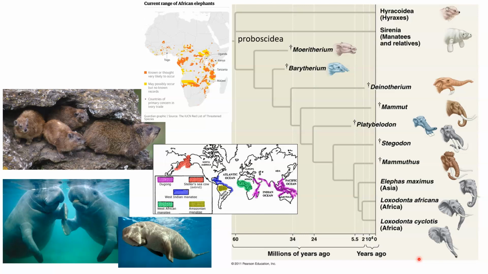It's interesting that the distribution is largely not restricted to, but more predominantly occurs in the southern hemisphere. And there is the only recent population of Sirenians in the north, the Steller sea cows.